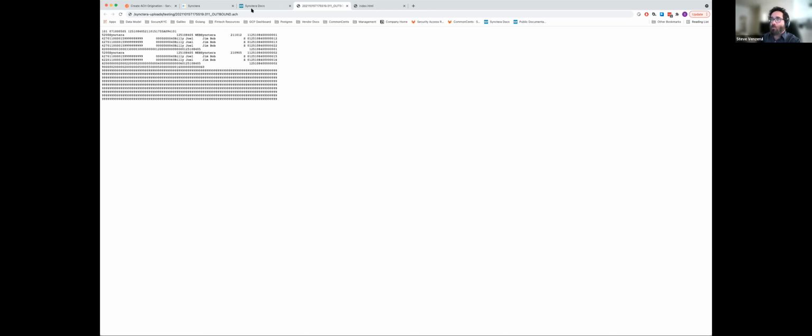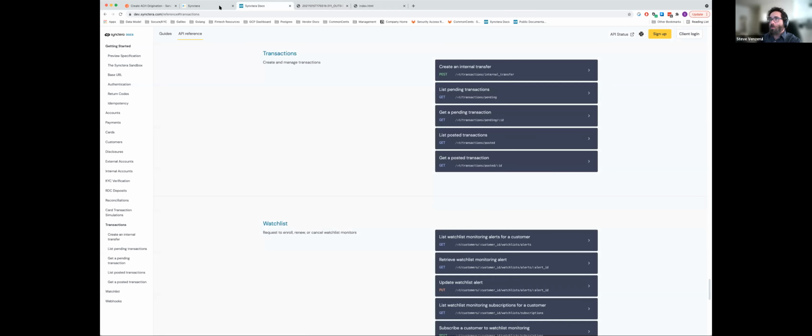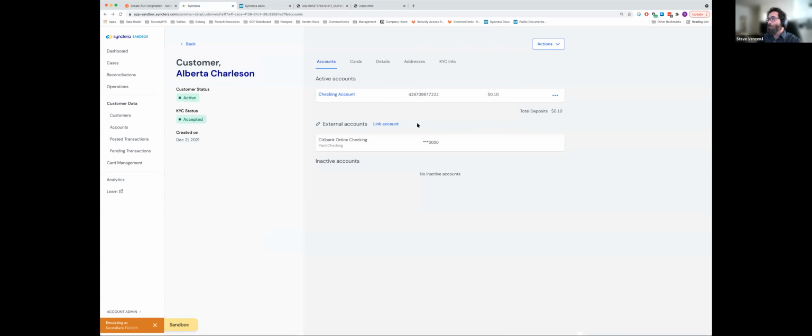And the second leg of this flow is that if on the other end, for example, there was not enough money in the account, or the account doesn't exist, this is where returns come in, and the receiving bank would originate a file back, which would be automatically processed by Synctera systems, and we would see a return show up on the account.